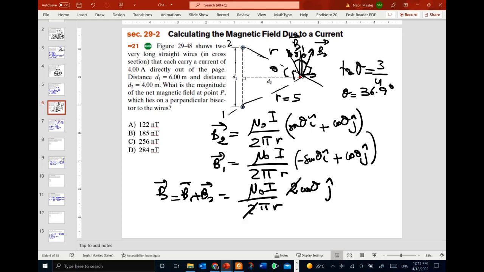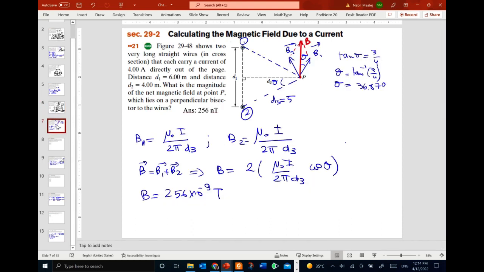The 2's will cancel, so this is going to be mu 0 I divided by pi r cosine theta j. So the magnitude is mu 0 I over pi r times cosine of theta. Correct? The math is correct, I hope. If you do that, you get 2.56 times 10 to the minus 9 Tesla.